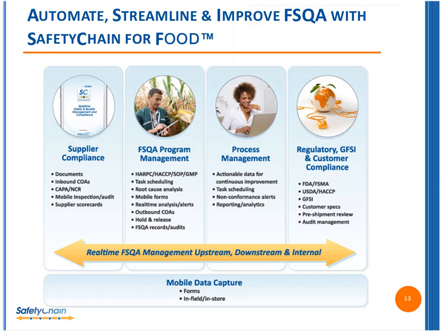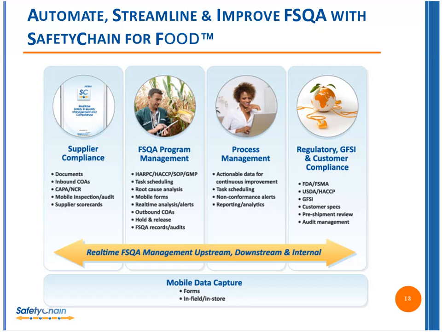We help you really in five key areas. First, as we've been discussing, is supplier compliance. Also, food safety and quality assurance program management, things like your HACCP and HARPC plans, task scheduling, root cause analysis, real-time analysis and alerts, outbound COAs, hold and release, and of course, audits. We help with process management.